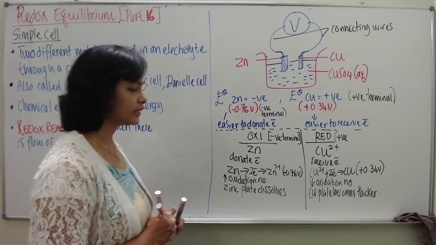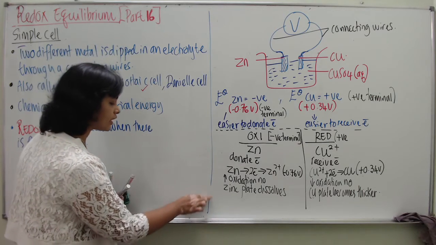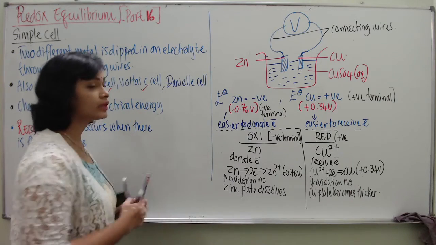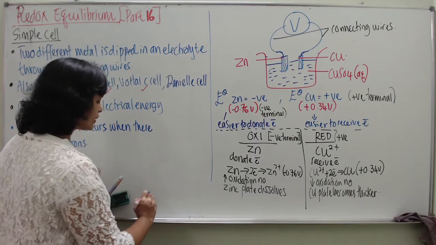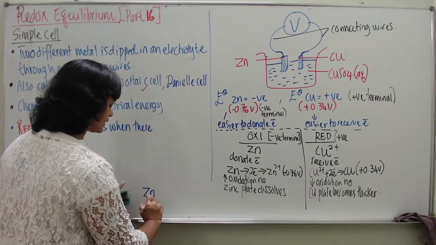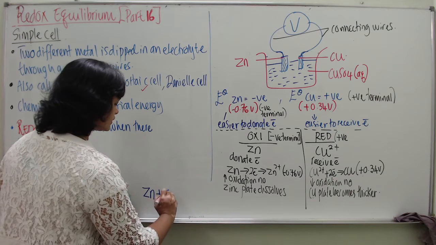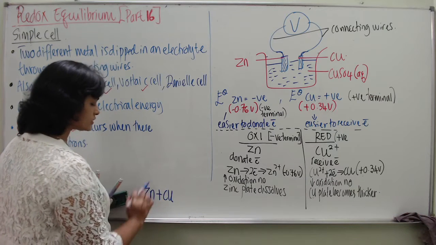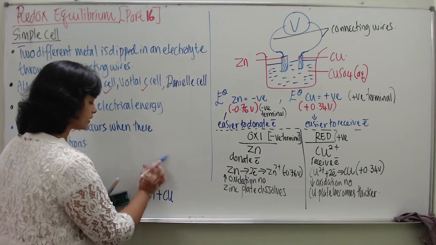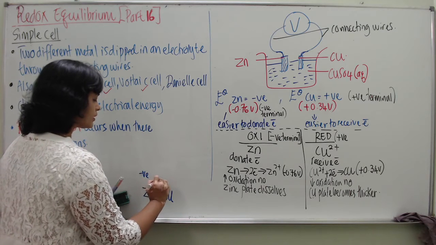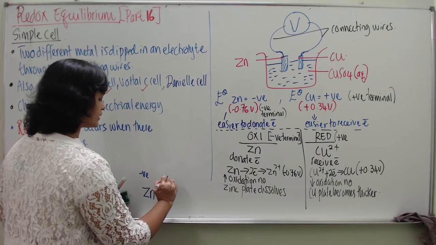So full ionic equation, you have a way to write a full ionic equation where we write the zinc metal plus the positive. This is the negative terminal plus the positive terminal.